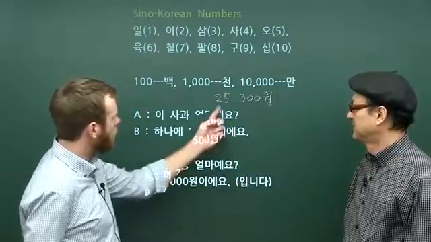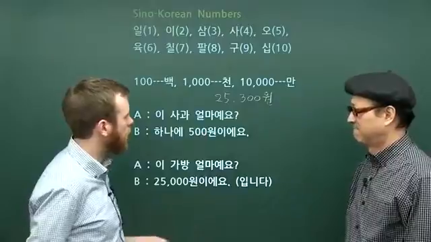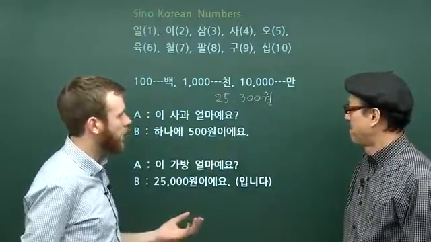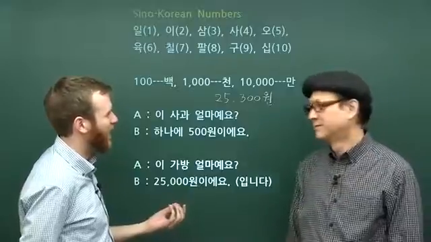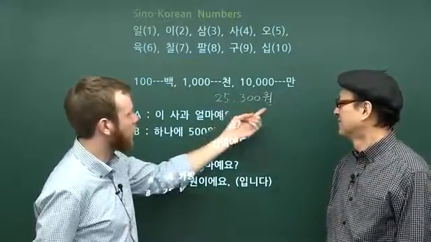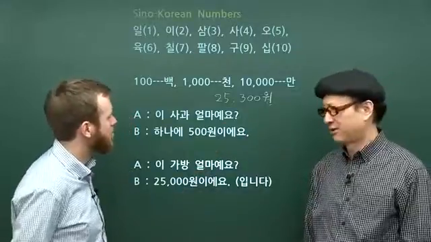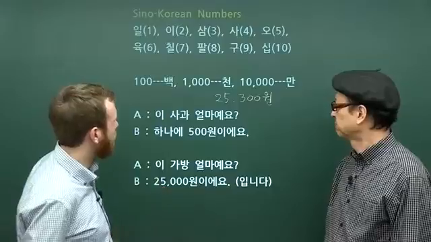So 2만 5,300원. And often won in Korean is pronounced almost like 원. So 25,300원. Let's make it a little more difficult for us.